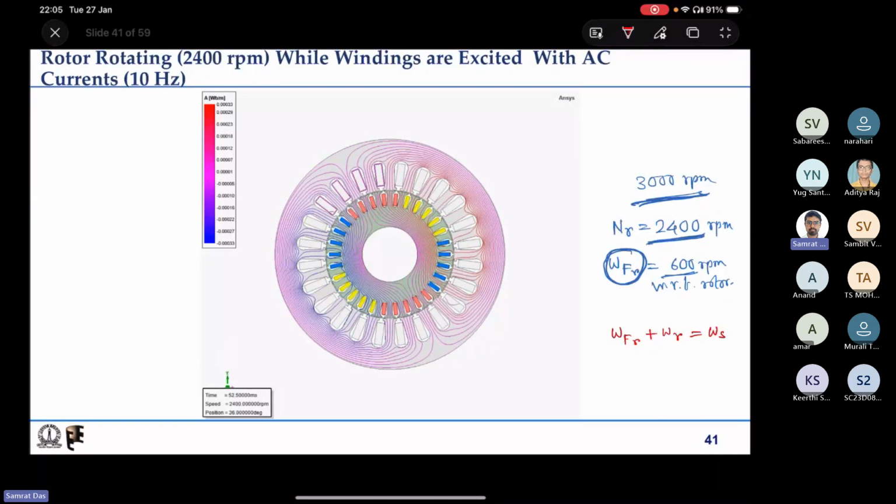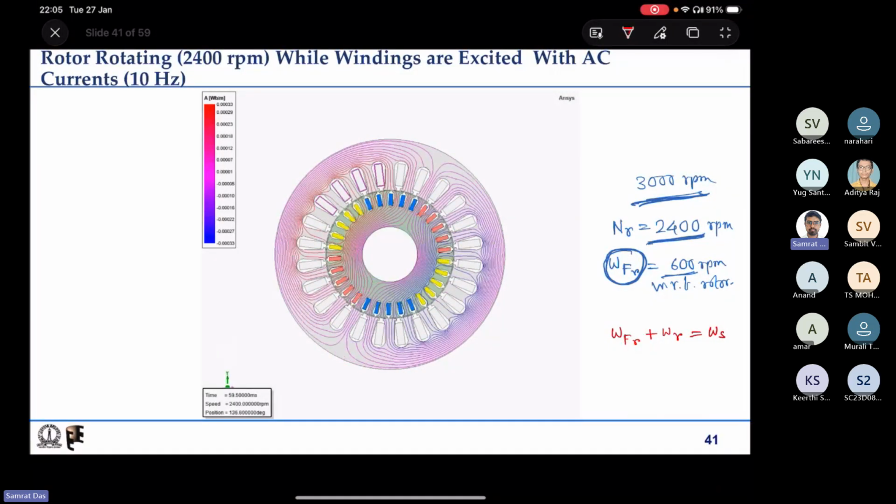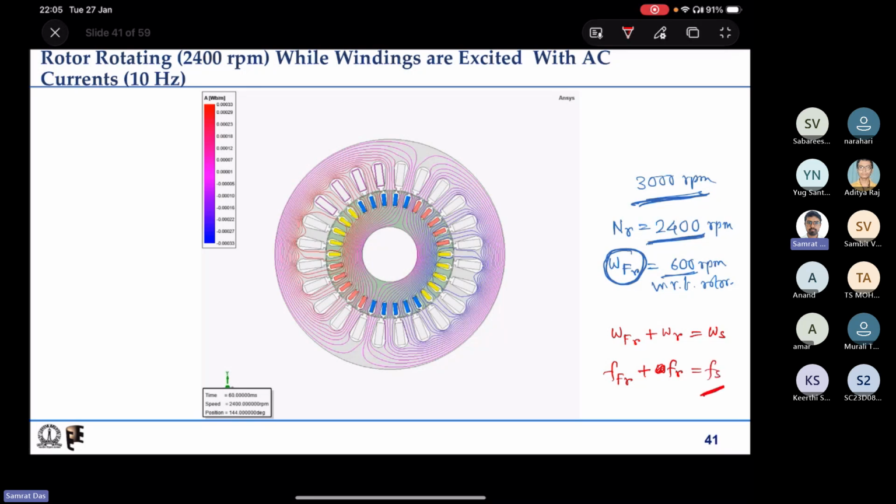If I write in terms of frequency, f_fr plus f_r equal to f_s, which is 50 hertz, so it can be 10 hertz and 40 hertz, 5 hertz and 45 hertz, 48 hertz and 2 hertz. You can have all those combinations that satisfy this, so that the relative speed of the rotor magnetic field becomes equal to the stator magnetic field. That is the only constraint.